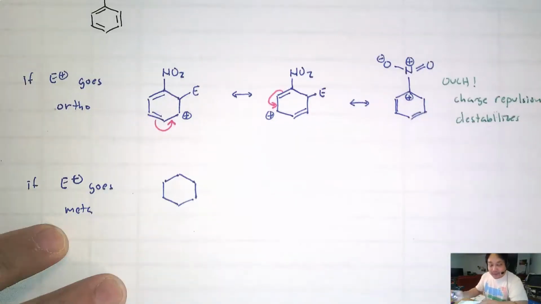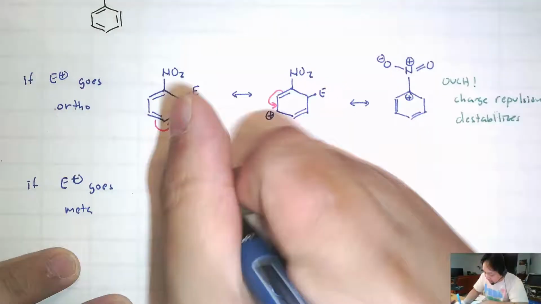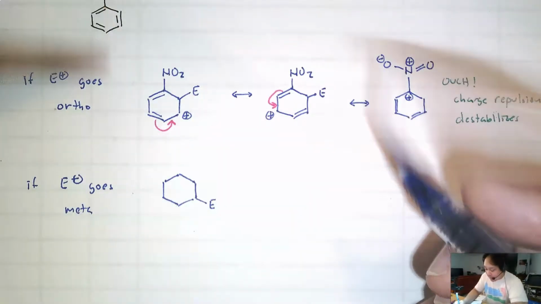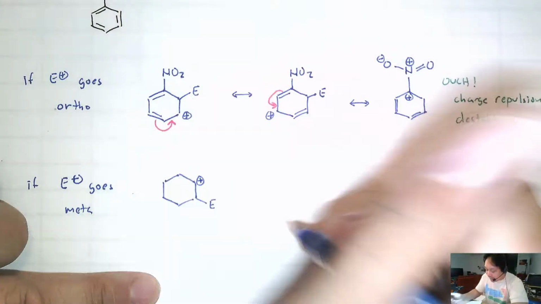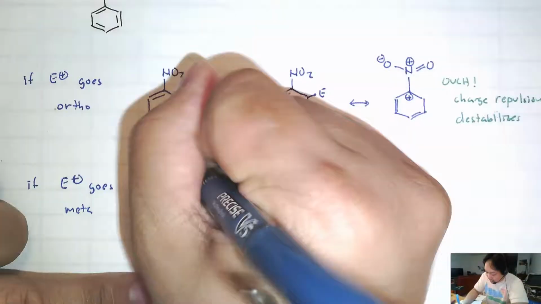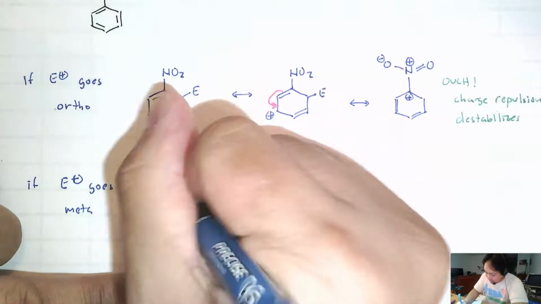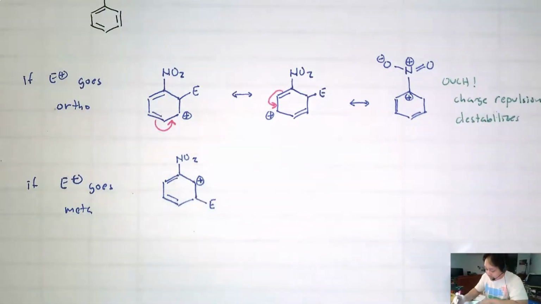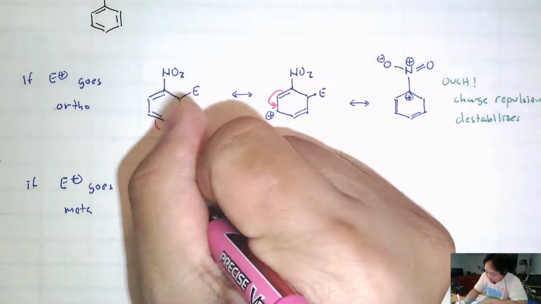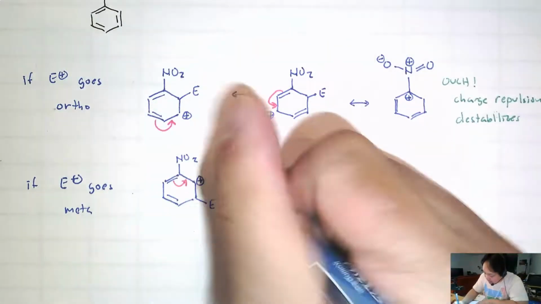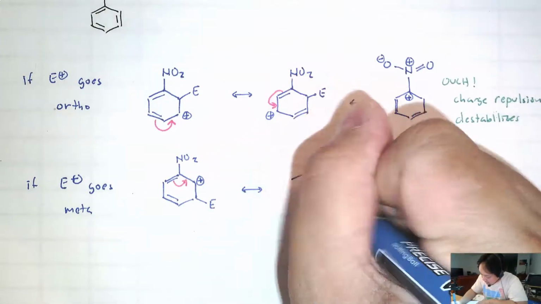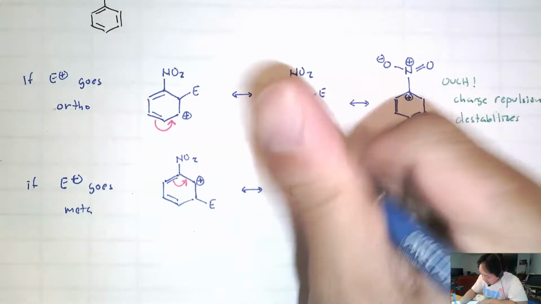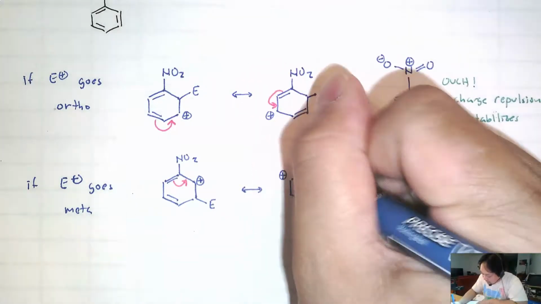Okay. We're back. Meta. Well, if I use this double bond on the right, and I put the electrophile in the meta position, your plus charge will be right there. Okay, what's my next move? Move the pi bond to the right. Plus charge now there.